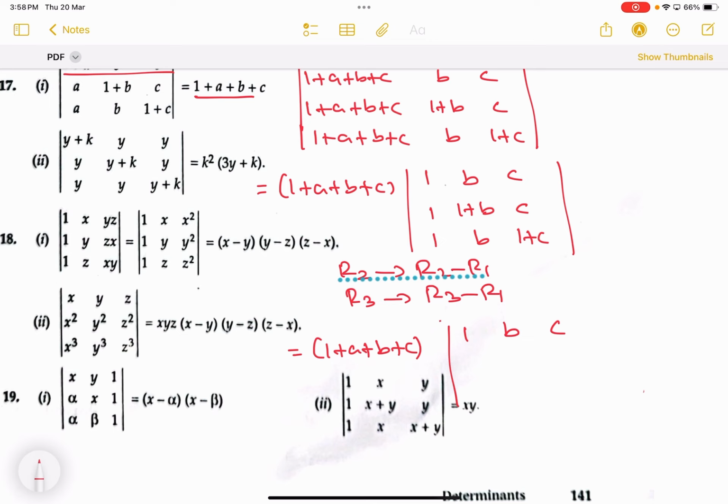So the diagonal elements, the product of this is nothing but 1 plus A plus B plus C into 1, so it is equal to the same.